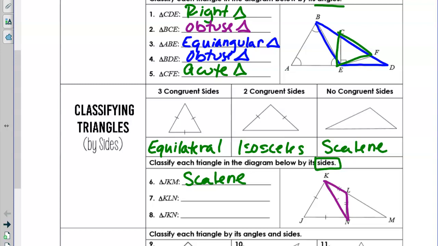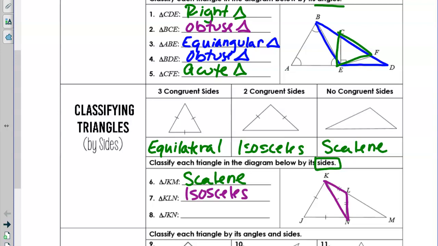We have triangle KLN. What do you notice about KL and LN? They're both congruent, right? Well, we know if it's two congruent sides that it has to be isosceles.